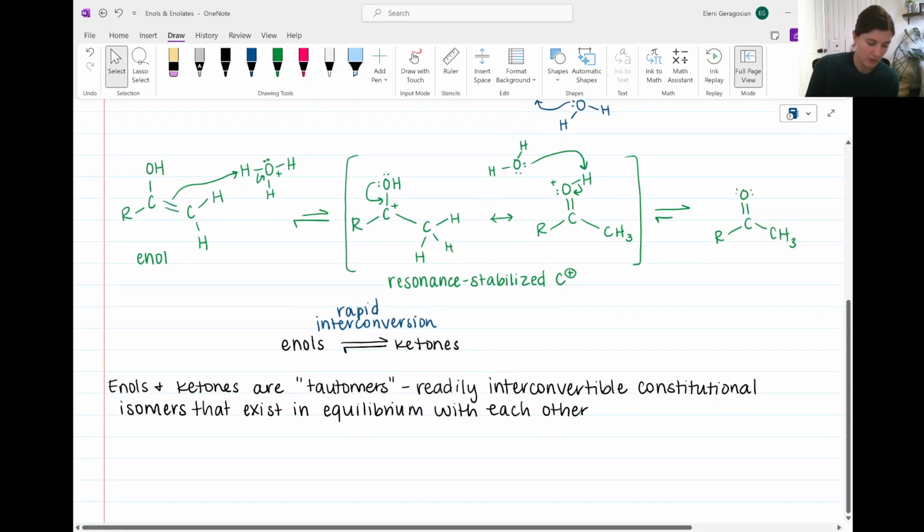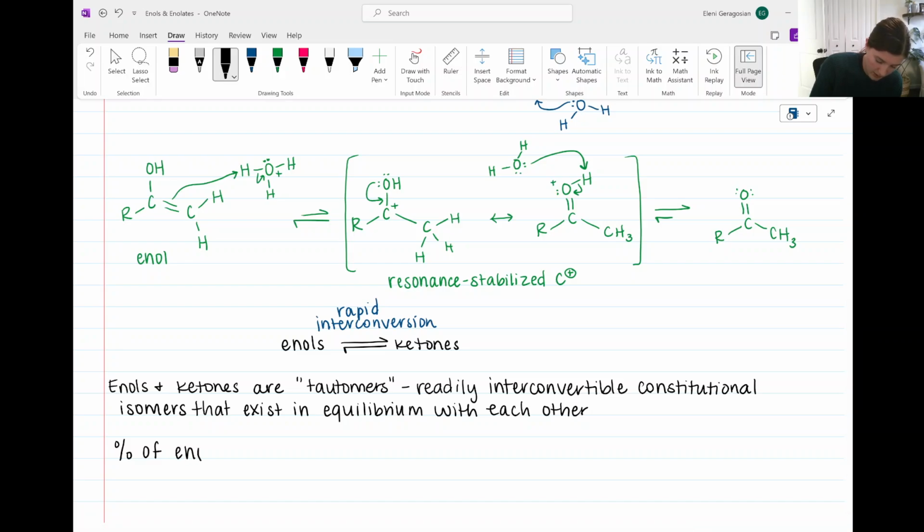So at equilibrium, the percent of enol present, whether the equilibrium lies to the ketone side or the enol side, and to what degree it would lie to either side, depends on multiple factors.